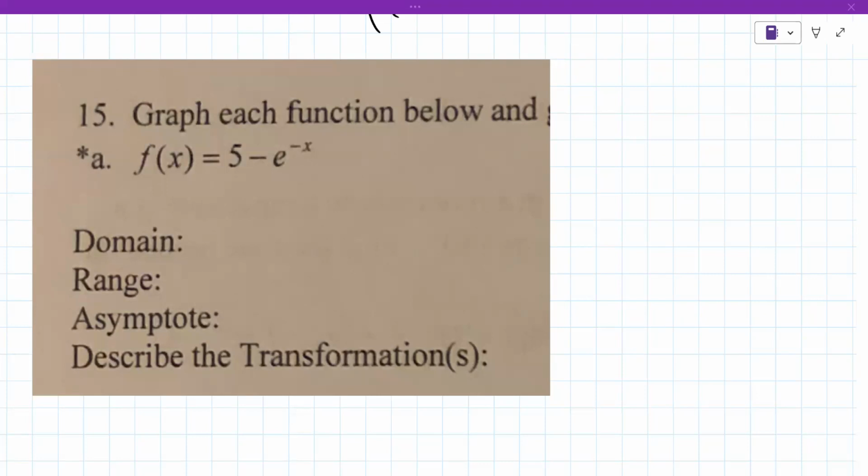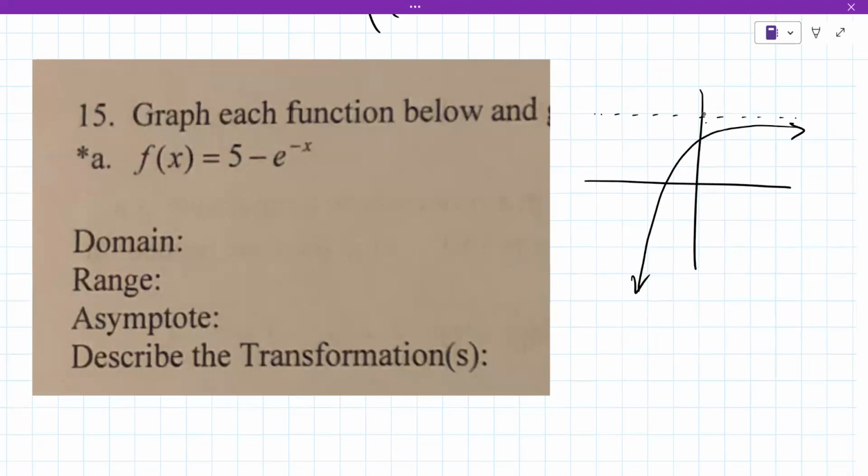We'll get more specific with the points in a moment when we do the table, but a rough sketch of this is that it kind of looks like this when you graph it.